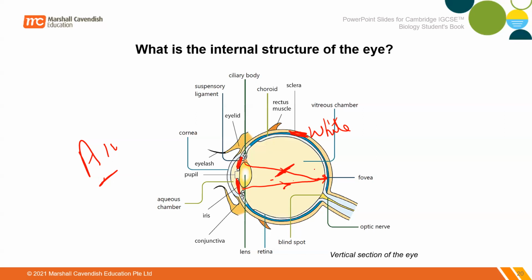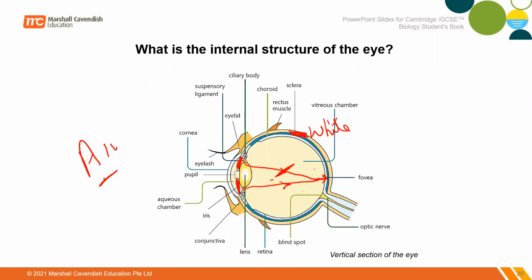The retina itself has two types of receptors, rods and cones. Rods detect the light intensity, but cones detect the colors. So you have two types of receptors to detect the light intensity and the different colors.